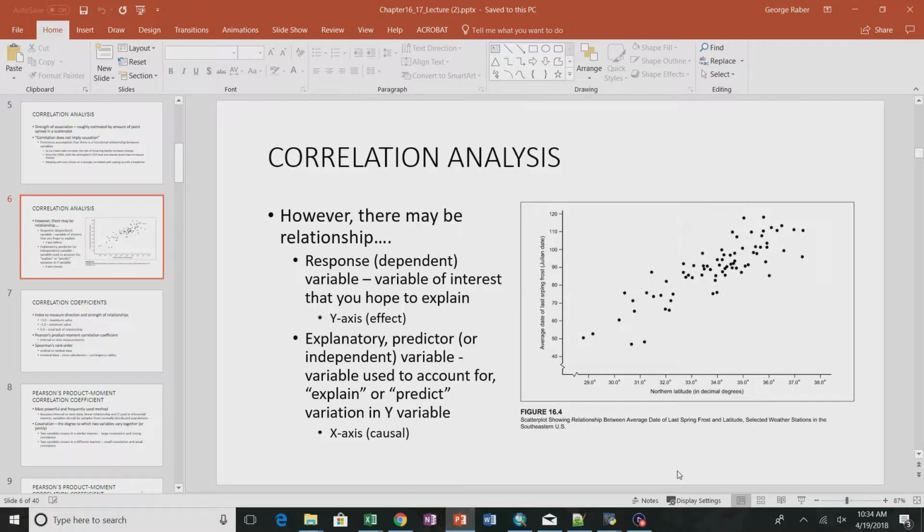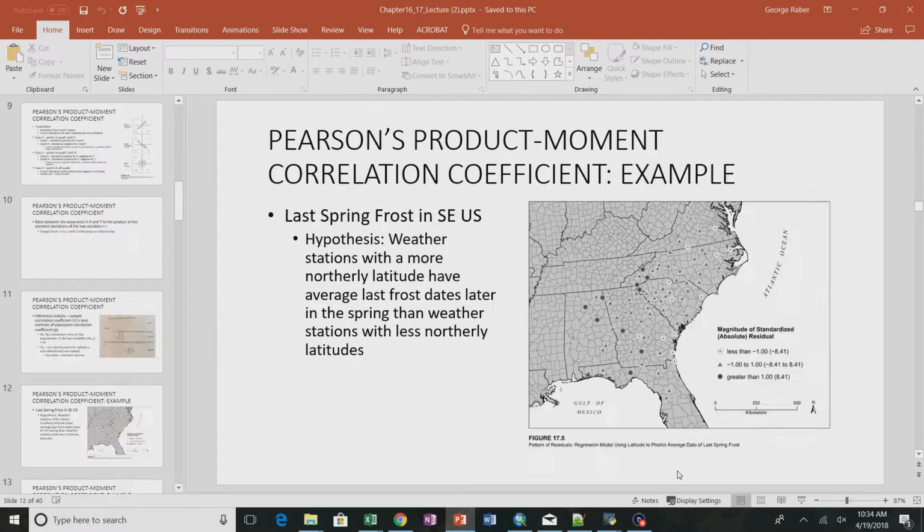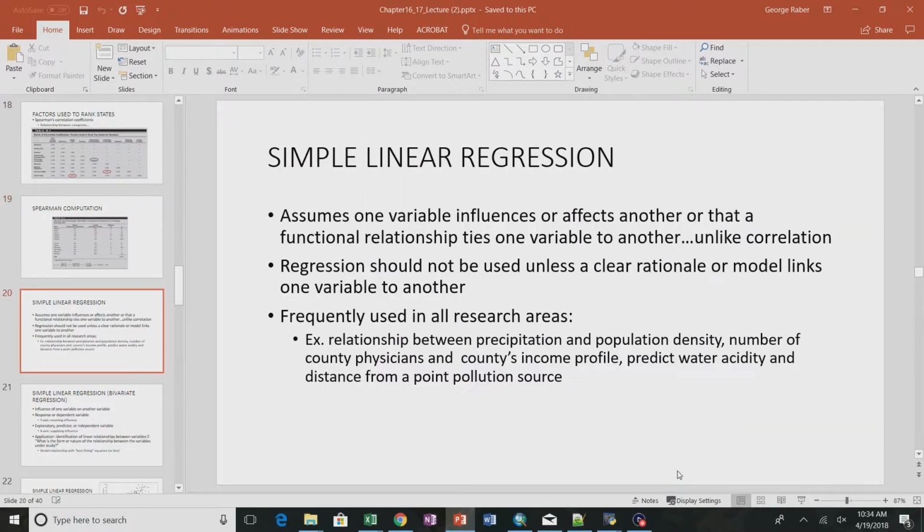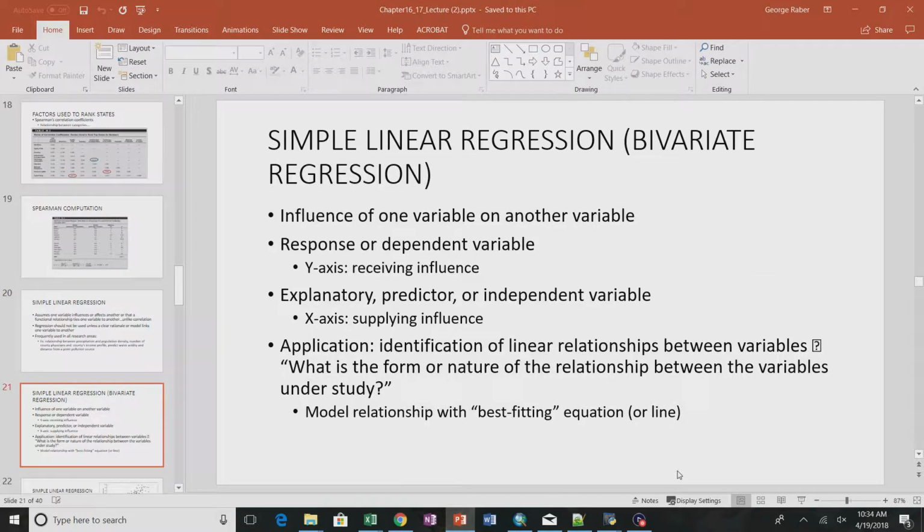If there's any pattern to our residuals, there's probably some other variable out there that we need to think about. So the other reason to run regression analysis is to examine other patterns that might exist in our data.